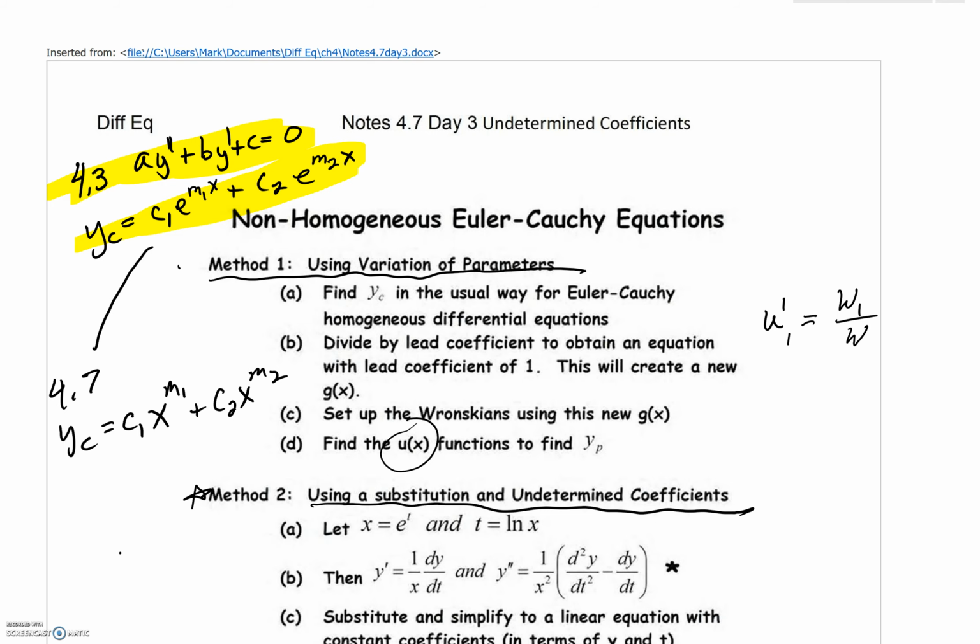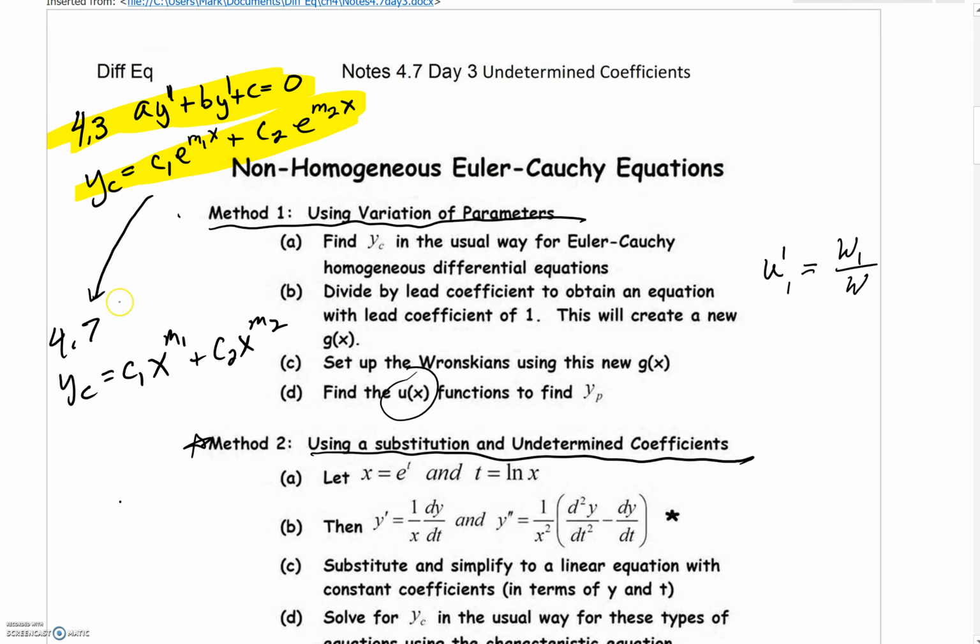Now, just a couple of days ago, we were working with the Cauchy-Euler, and we were seeing that we would assume that x to the m would be a solution. And they're definitely strong comparisons when you're looking at 4.3 and 4.7.